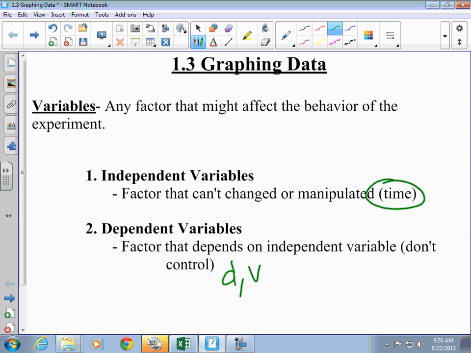The factor that can't be changed or manipulated would be time, and anything else is most likely going to be your dependent variable. Even mass: if you think about mass, when we have a collision with something, our masses are changing. So mass could be a dependent variable as well. So two types of variables, independent and dependent.